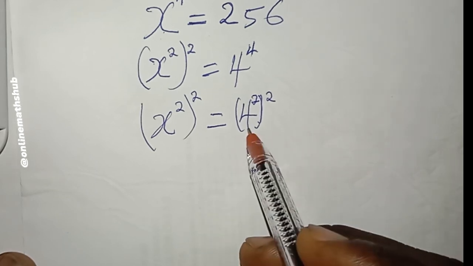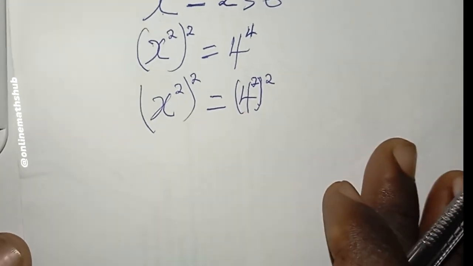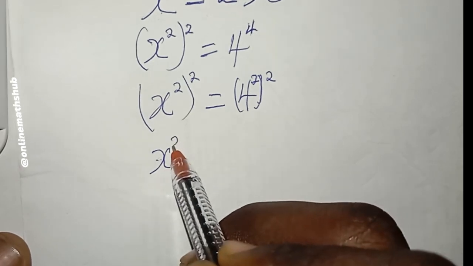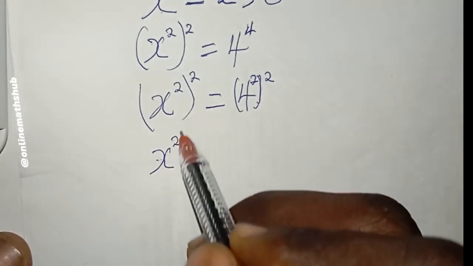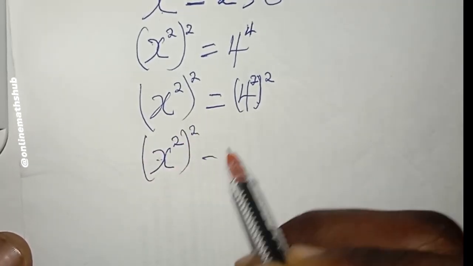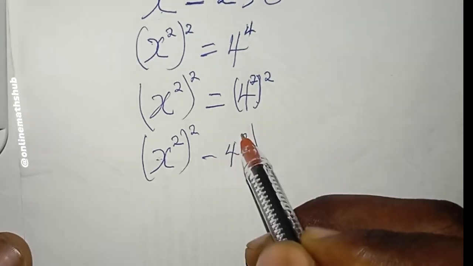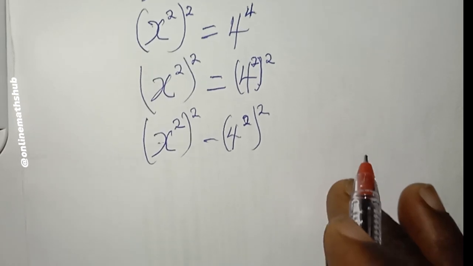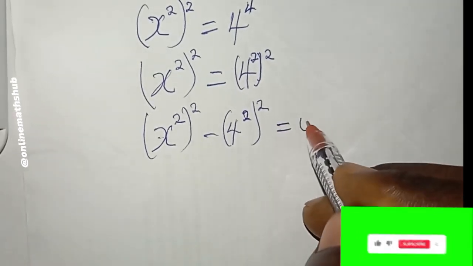Then let me bring this to the left hand side, so that what I'm going to have is x power 2 raised to power 2, minus 4 power 2, and then exponent 2, is equal to 0.